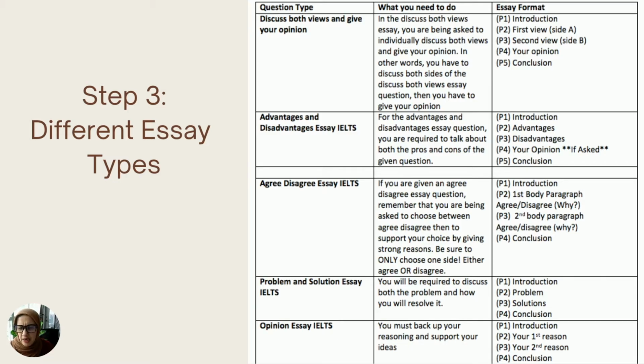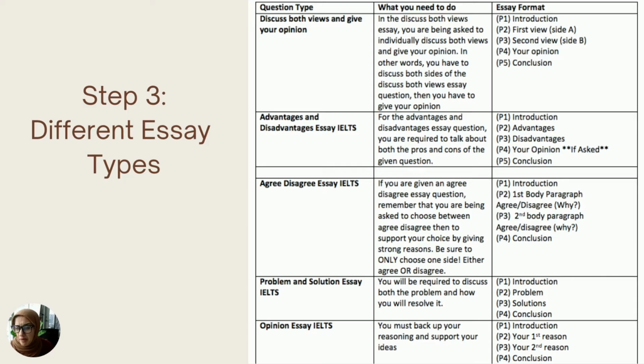And finally, an opinion essay. You must back up your reasons and support your ideas if this is a type of essay you are given to give your opinion. So you would have the introduction in the first paragraph. Second paragraph would be your first reason, or your opinion on it.